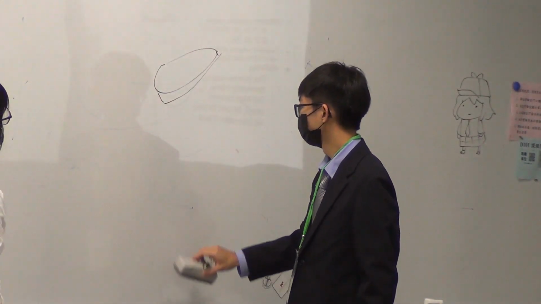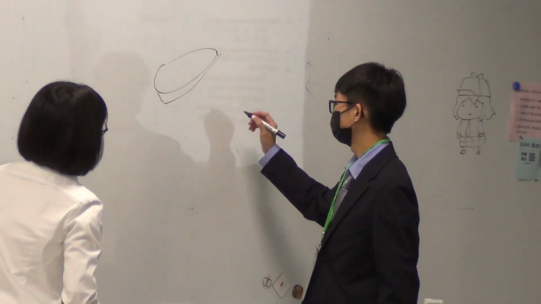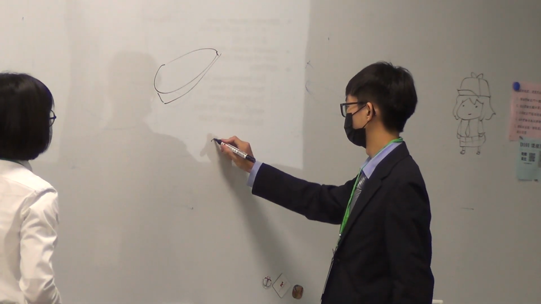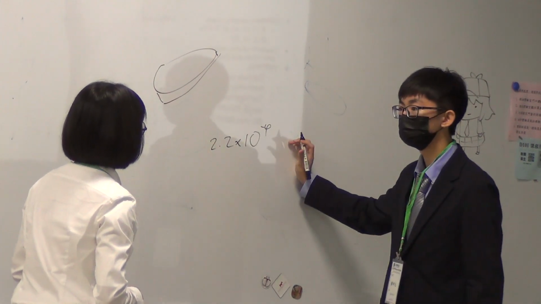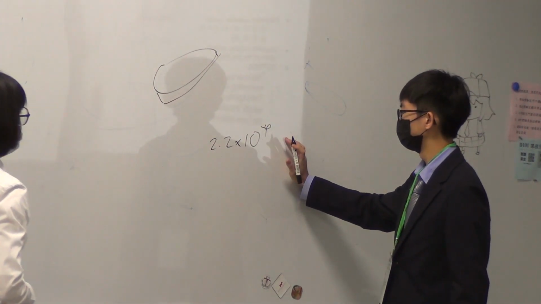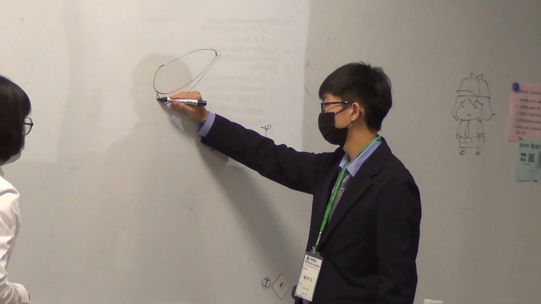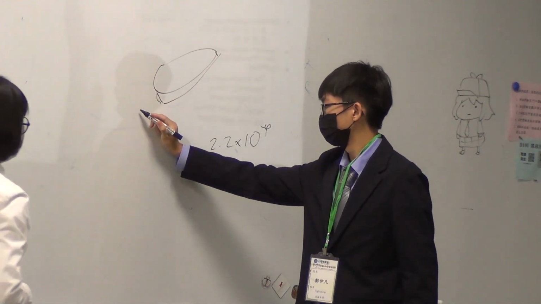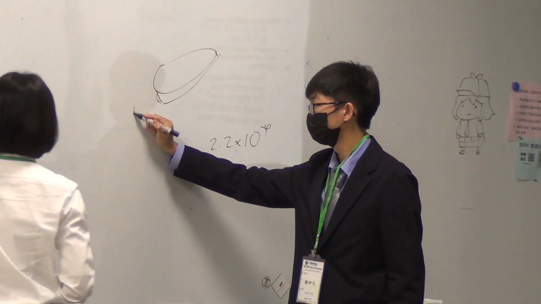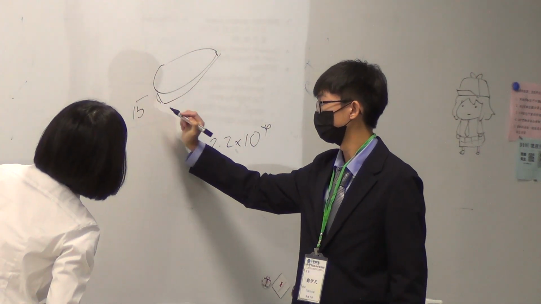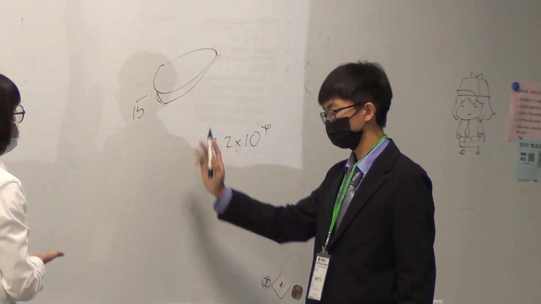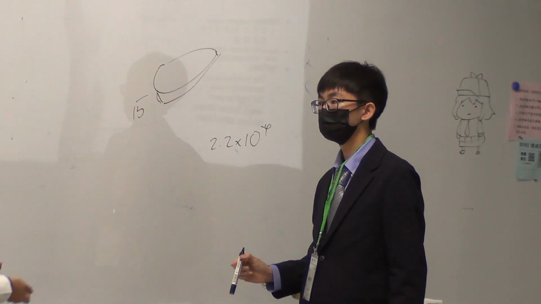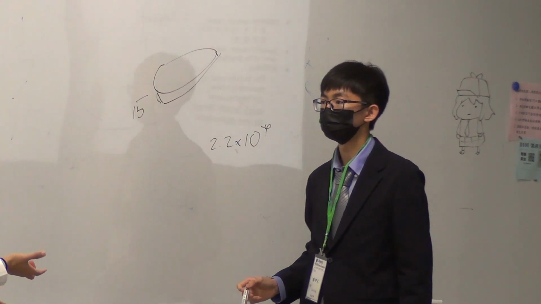Now, you said your thickness is 2.2 and 45, so how about 15 centimeters? Do you think that will affect it? Maybe it will affect, and I think if it is much thicker, it will.